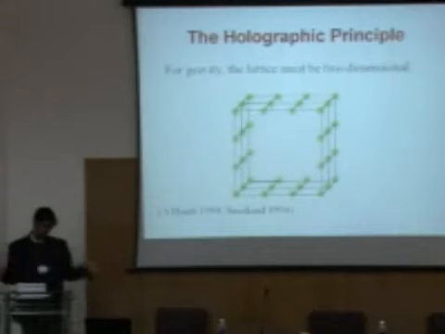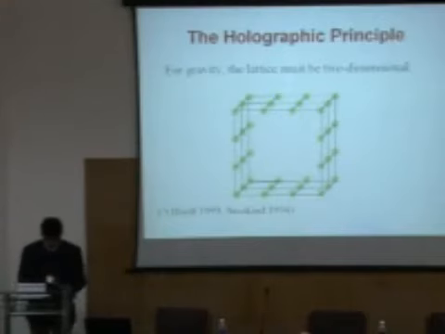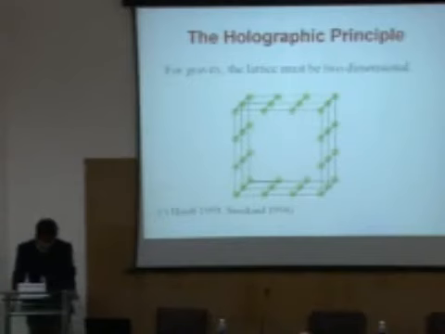Say it could be on the boundary of space-time, or in some way the number of spins has to be proportional to an area, not a volume, for quantum gravity to work. This is the holographic principle, due to 't Hooft, who observed this in '93, and Susskind elaborated on it in '94.